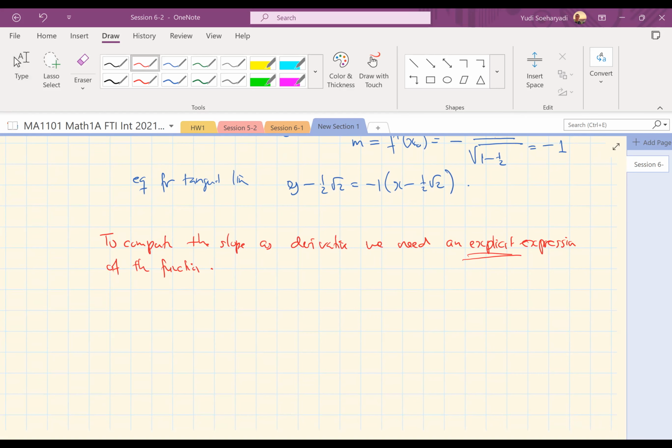Okay. Okay. Let's see. Example, this one here. Find the tangent line of the graph.